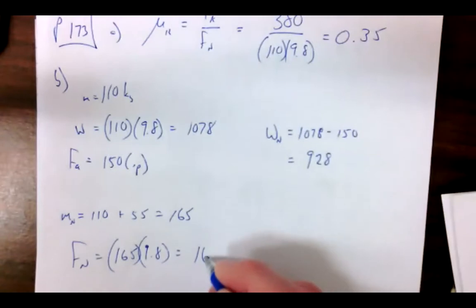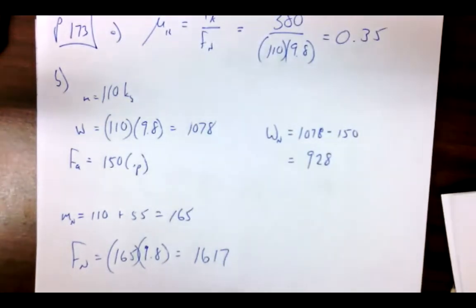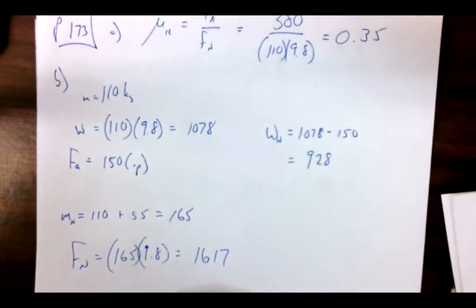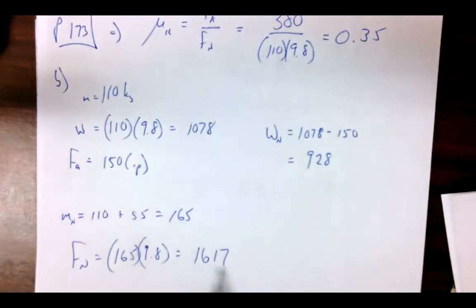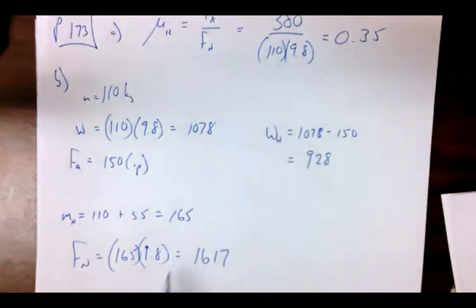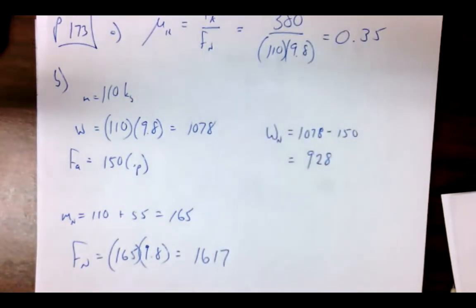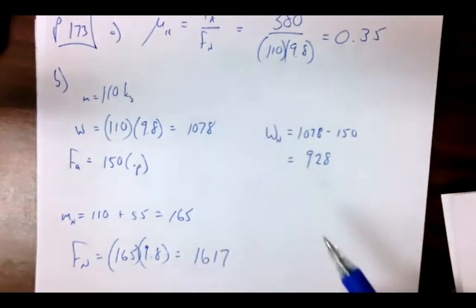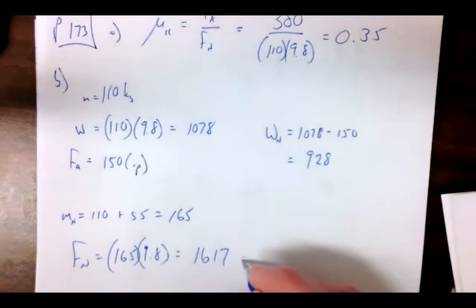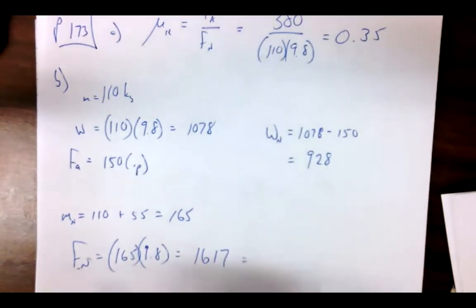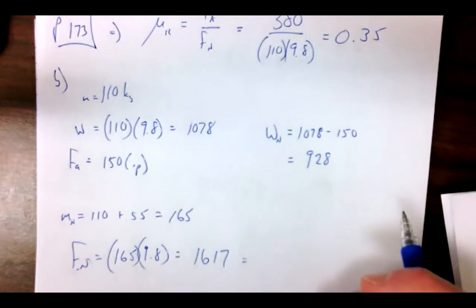That's not finishing the whole question, but it's telling you that the normal force used to be 110 times 9.8. Now it's 165 times 9.8. That's where the big change happens. I meant net, but it's also the normal force.